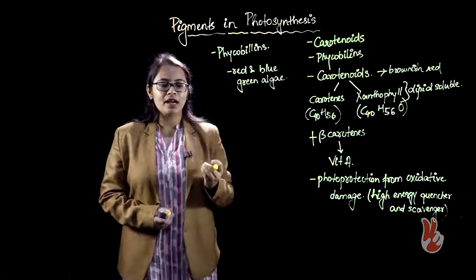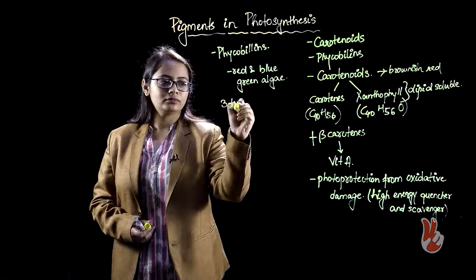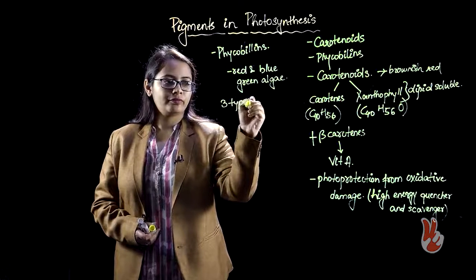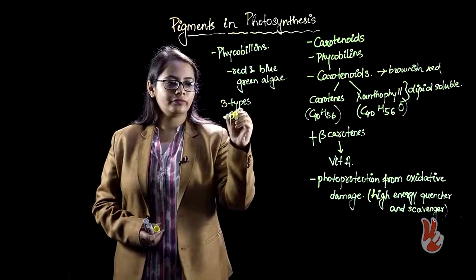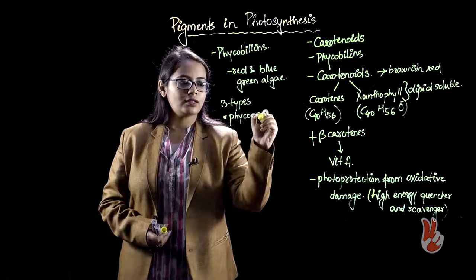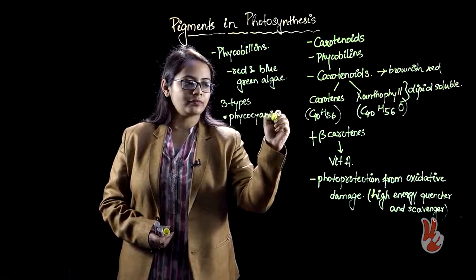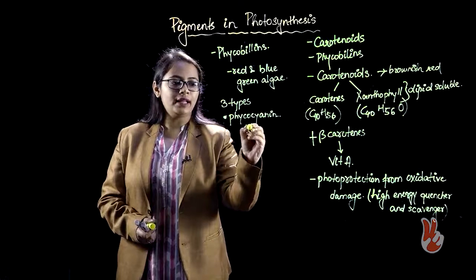The phycobilins are further of three types. First, phycocyanin, which is predominantly found in blue-green algae.